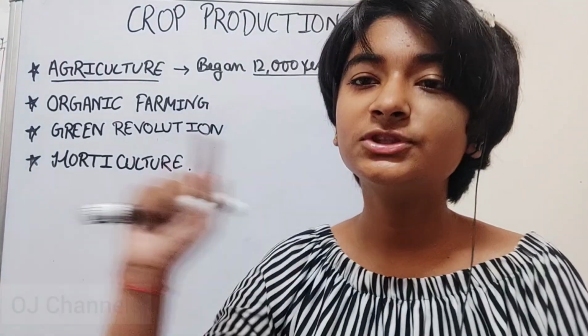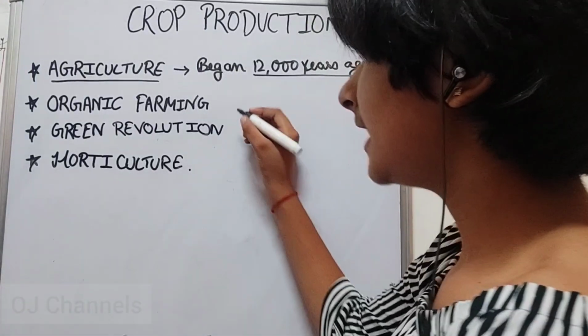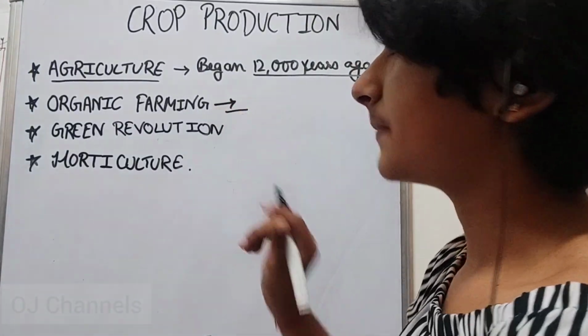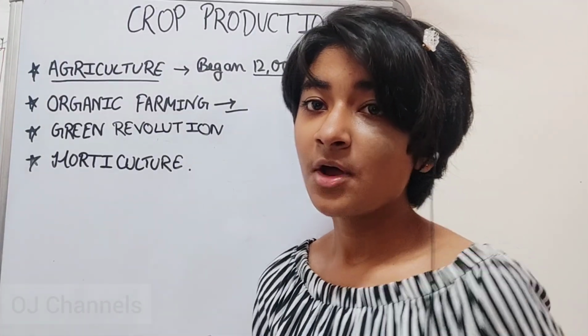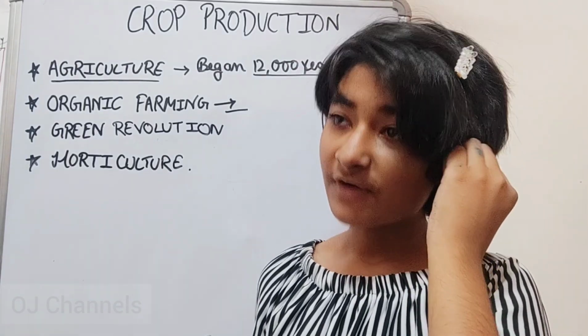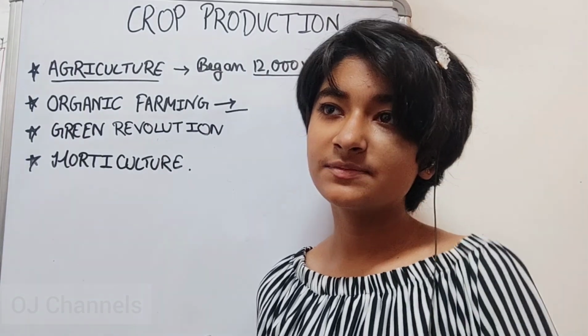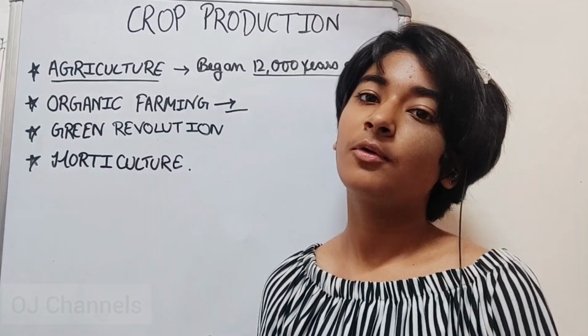There is a huge difference between organic farming and farming. I don't think organic farming is mentioned in the book somewhere, but still it is very important because organic farming is different from farming. In farming we use fertilizers, manures, compost. It is not actually the purest way to grow a crop.